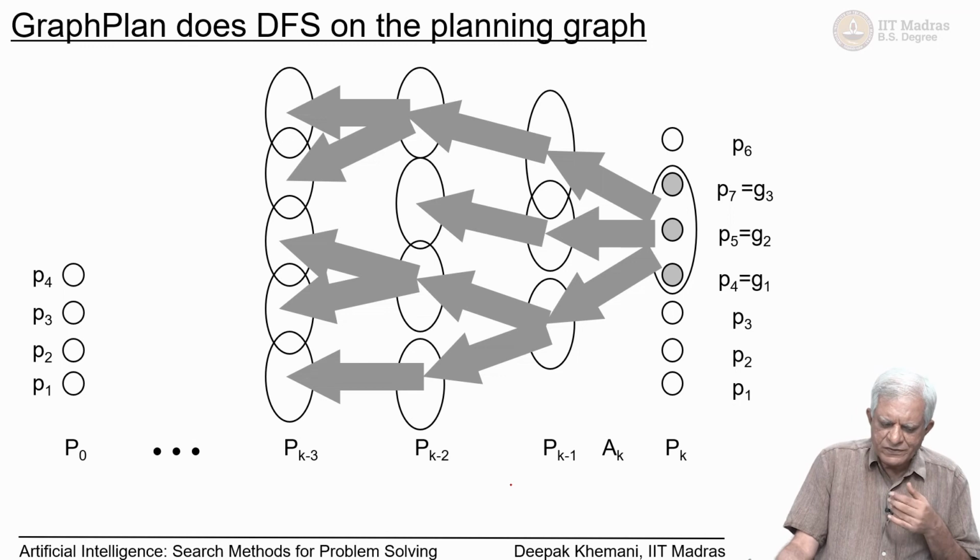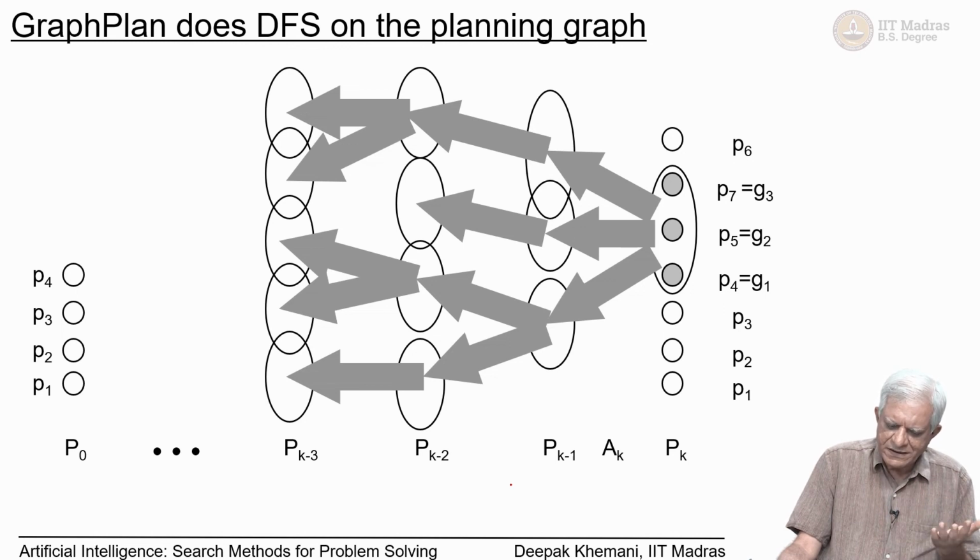We can think of the backward phase, or the second stage of the planning, as doing depth first search, and the tree that you see in thick lines is the tree that it explores. Now, subsequent to Graphplan, there were other approaches which said that you construct the planning graph, but how do you solve it?